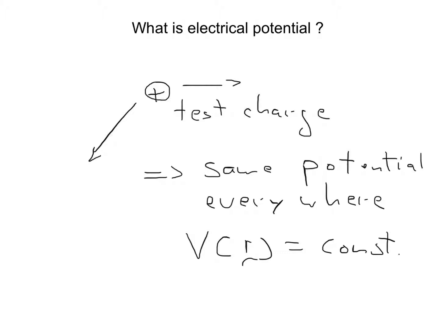It is therefore also constant in infinity, and it has become convention to define the potential in infinity equal to 0 volts. A volt is the unit of potential. And in this case, where we don't have any other charges, that potential of 0 volts will be the same everywhere. It will be constant throughout the entire space.